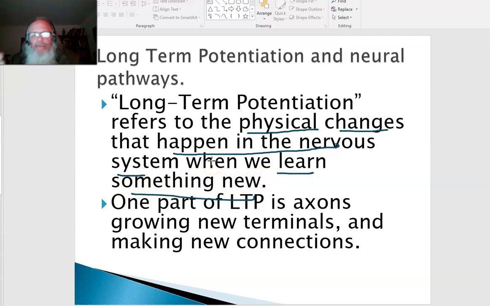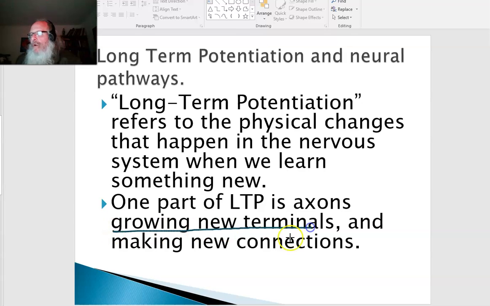And this applies whether we're talking about learning new explicit memory, information, relationships between words, vocabulary, and concepts, or whether we're practicing motor skills or learning new emotional reactions. It's happening in both instances. So one part of that long-term potentiation is that process of growing new axon terminals, like twigs coming off the axon and making new connections.